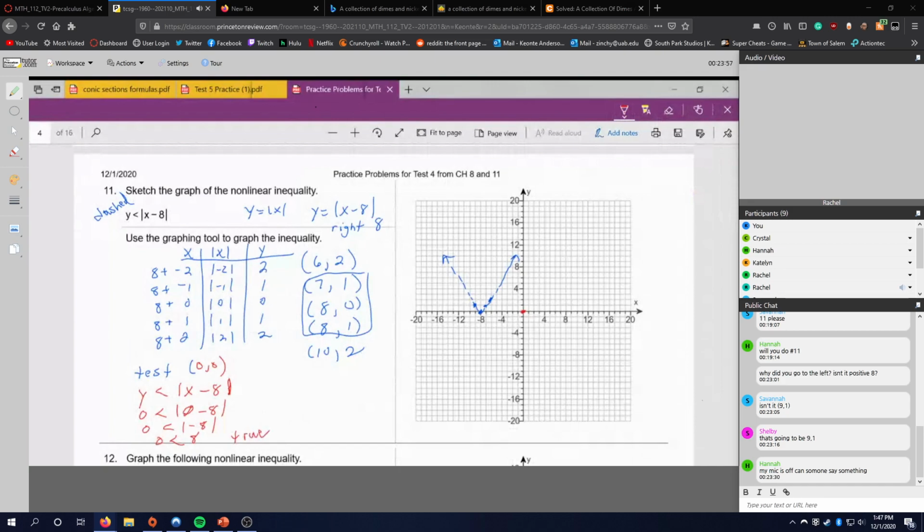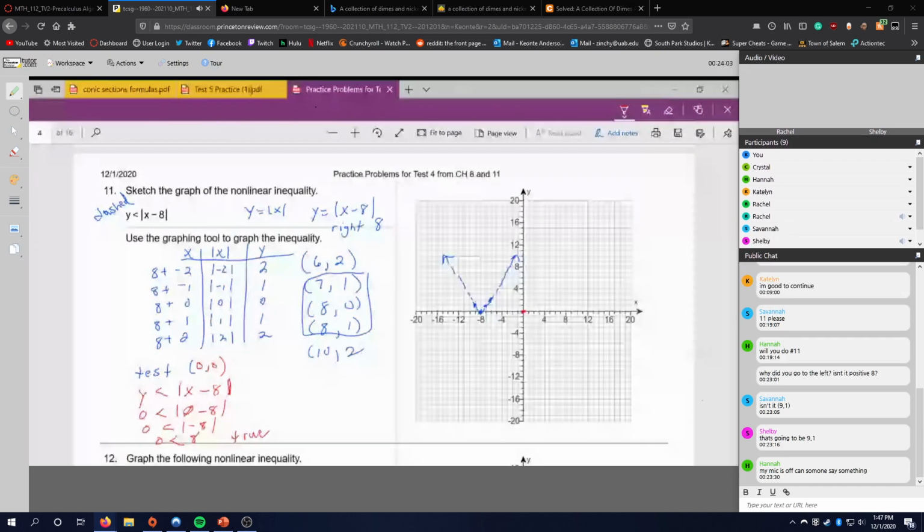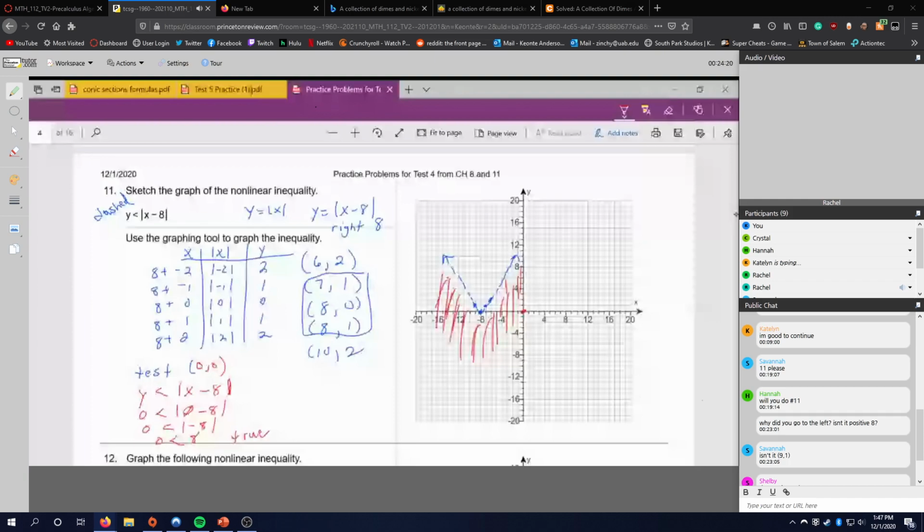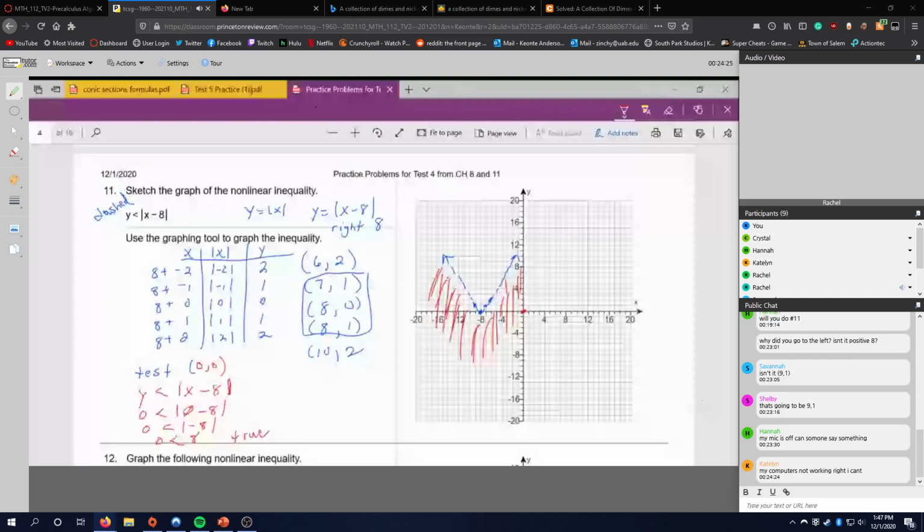So that means if that's true, then I've either got to shade inside the V or outside the V. Well, the test point was true out here. So that means that I'm shading outside. So my paint bucket would shade on the outside of this absolute value. But the only way you can get this problem to work is you're either going to use the transformation because you have to know where the vertex is.